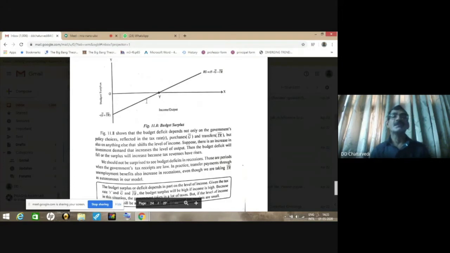And during such a recessionary phase of the economy, transfer payments through unemployment benefits also increase during the recessions, even though we are assuming that transfers are autonomous in our model. So we all know that during the current scenario, the government is giving so much importance to transfer payments, and it may not be simply in the form of unemployment benefits, it may be in various other forms as well.